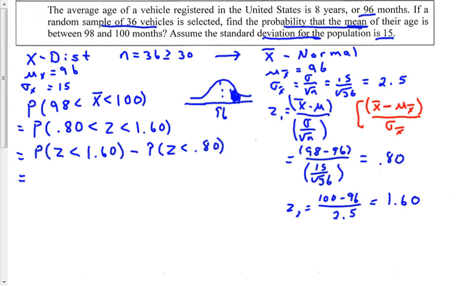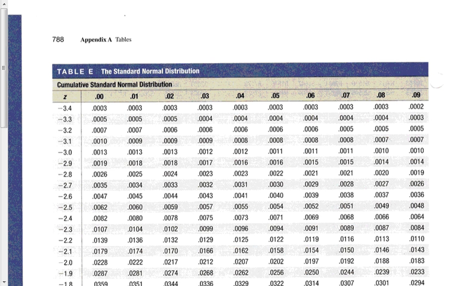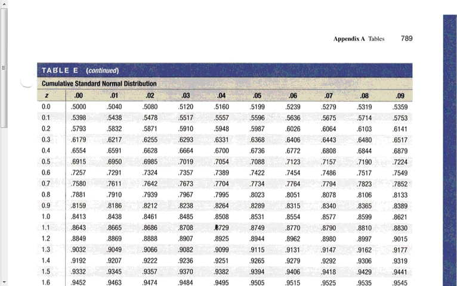Looking up each of those values, and we will be using the positive z part of the table. So again, 1.60 is 0.9452, and 0.80 is 0.7881.